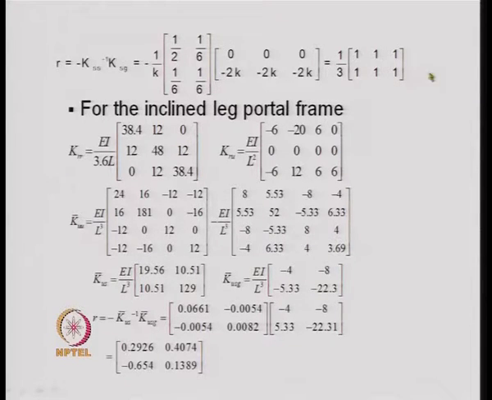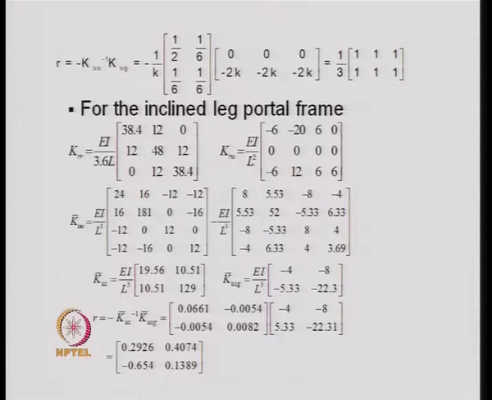So, the three ground displacements share equally in producing the responses at the non-support degrees of freedom.